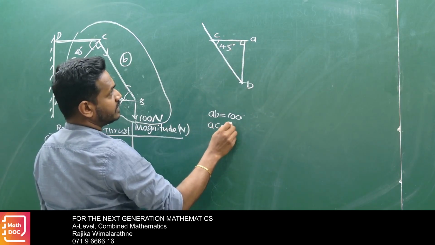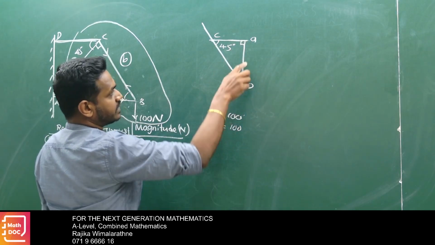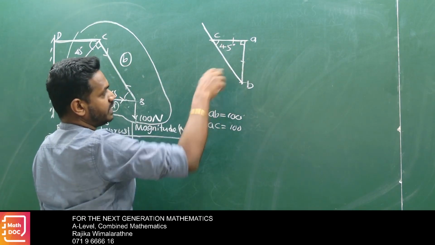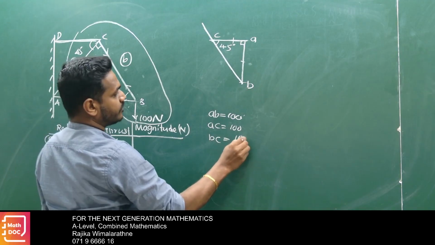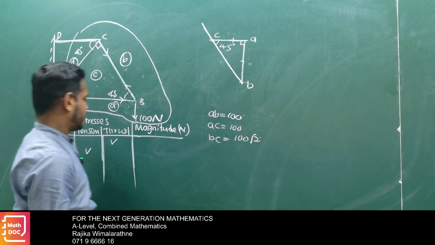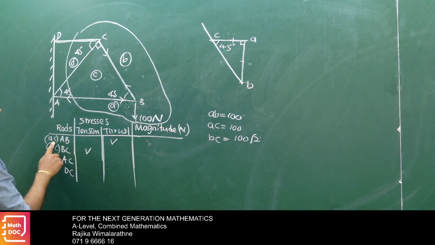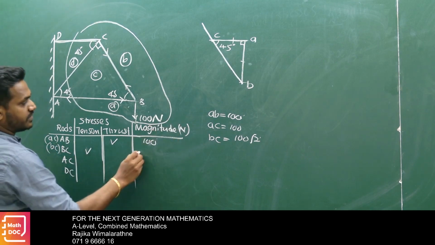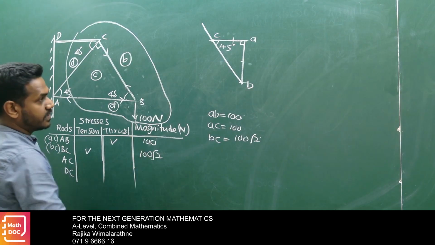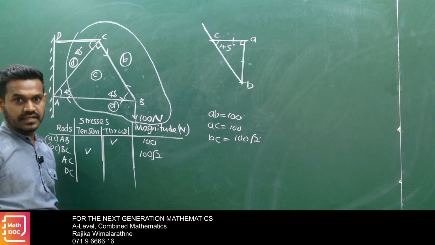Then AC equals 100 again. Here these two same, no? Then BC, 100, 100, here 100 root 2. Then update the table, AC length 100, BC length 100 root 2. Then we have completed that.